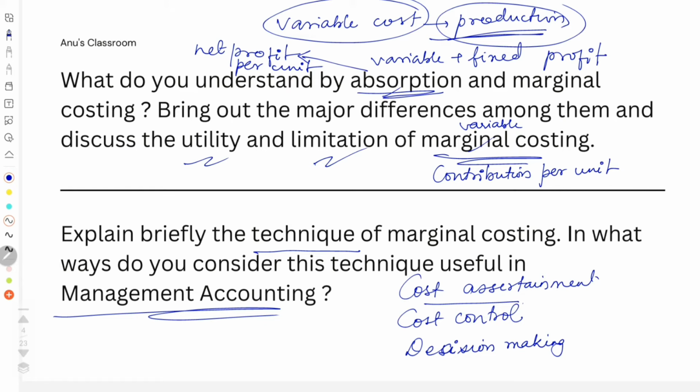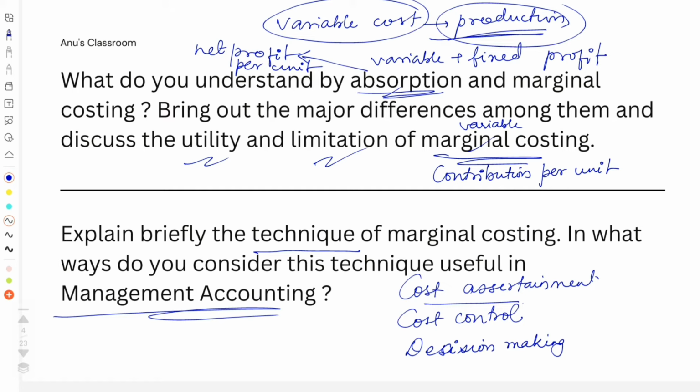Now, how does marginal costing help with decision making? The main concern of today's modern management is profitability. It is all about profitability for today's businesses, we all know that, right? So it is important that the top management be able to select the best course of action for the most profitability.